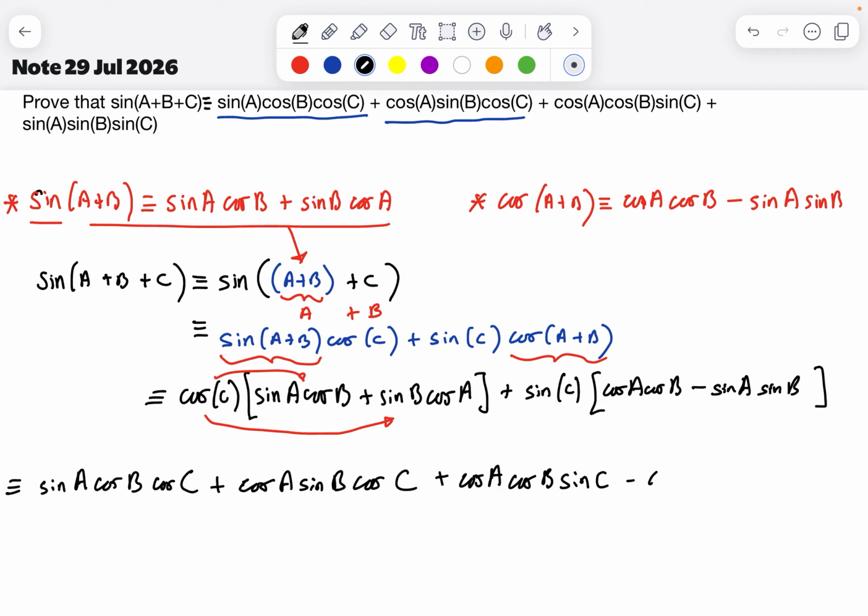Okay, for the last one I've got sine A times sine B times sine C. And that is my last one. That should be minus. Okay, so now I've got sine(A plus B plus C) is equal to those four terms.